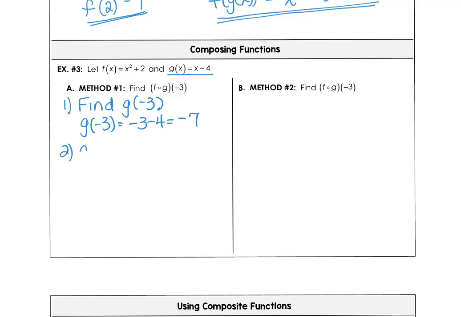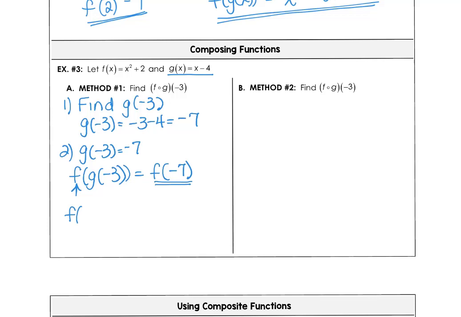And since the g of negative 3 is negative 7, the f of g of negative 3 is equivalent to the f of the y value, that output, negative 7. Negative 7 becomes the input into the f function.